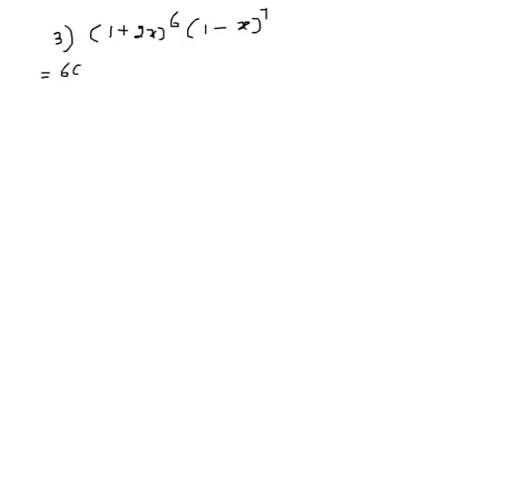The first one is 6c0, 1 raised to 6 is 1, plus 6c1, 2x, plus 6c2, 2x the whole square.